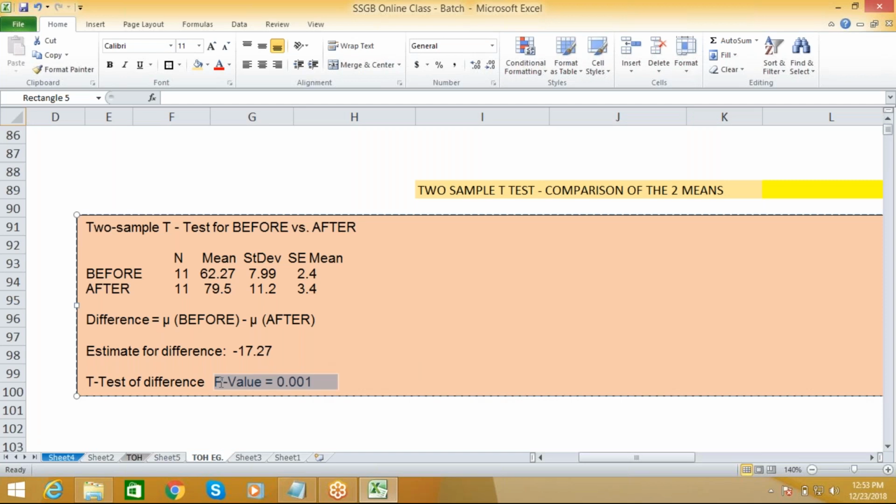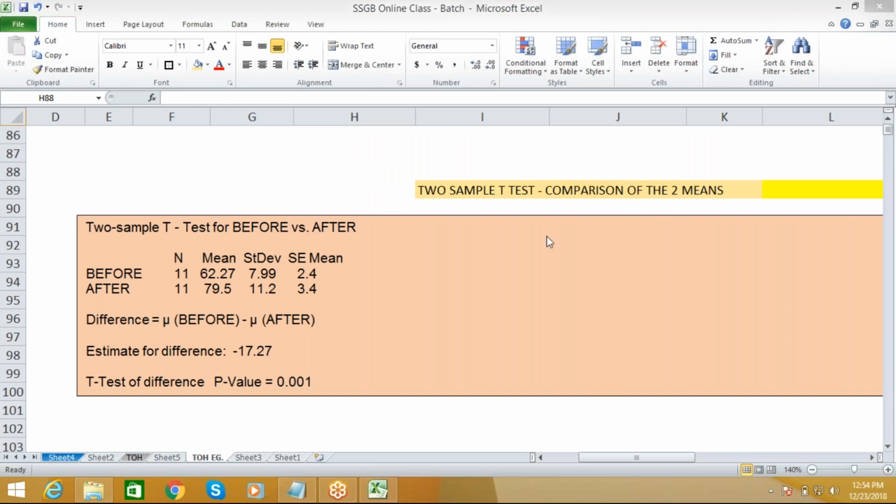Remember guys, in future, even if you download and use Minitab, it will show you a lot of things, but your conclusion will be based on the p-value. You don't have to worry about the mean, the standard deviation, or the standard error of mean. So your conclusion will be purely based on the p-value. Does anybody remember how to get to the conclusion?